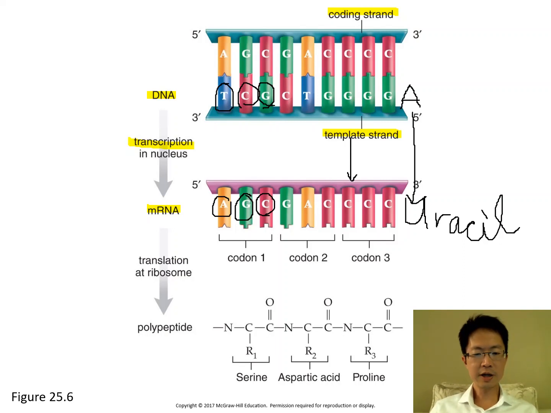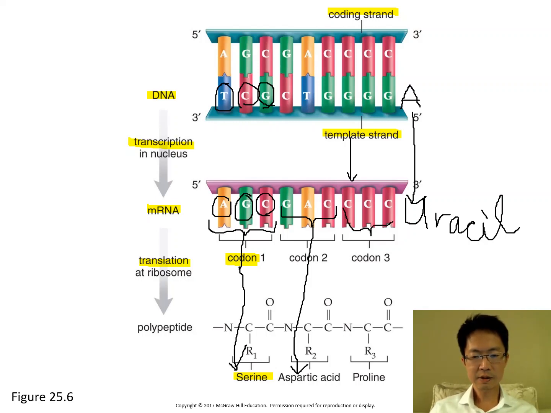And then every 3 bases we call a codon. Why? Because each codon, for example, AGC, these 3 bases form a codon. AGC translates into the amino acid serine. The GAC here translates into the amino acid aspartic acid.